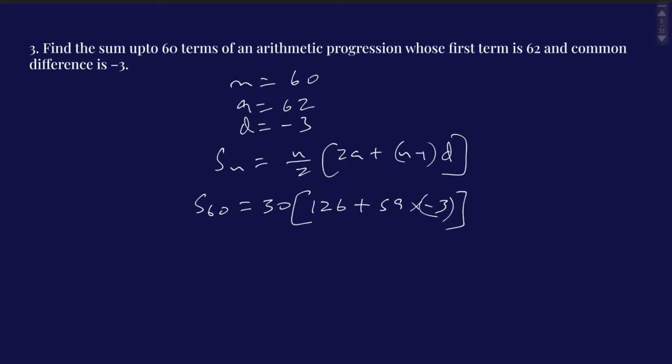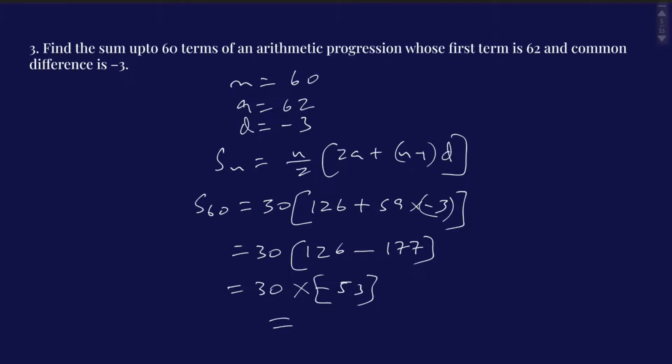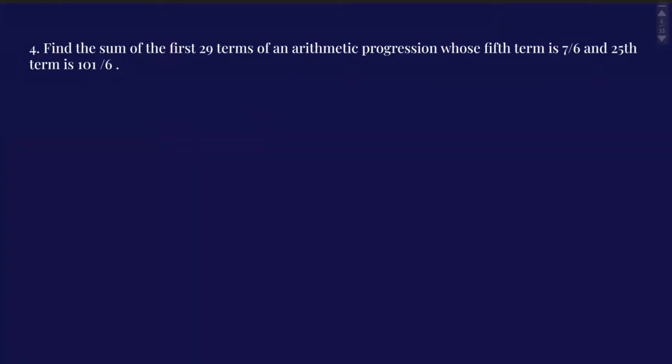Okay, so it is going to be equal to 30 into 124 minus 59 into 3 is 177. Okay, so it is going to be equal to 30 into -53, which is going to be equal to negative 1590.